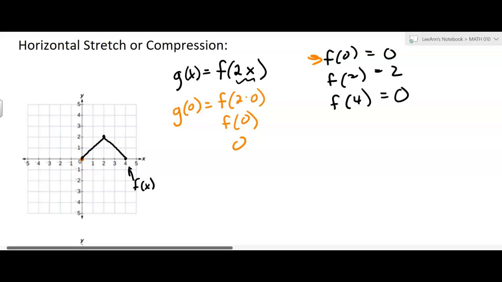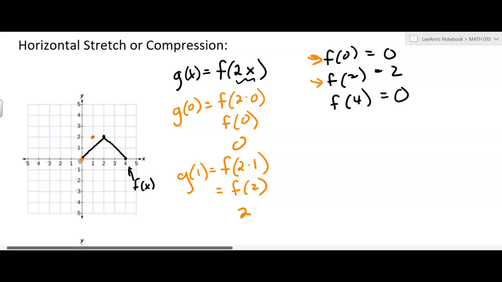Now, if I wanted f of 2, I would need to put in a 1 for x. So that would give me f of 2, and I know f of 2 is 2. So then now I have the point (1, 2).